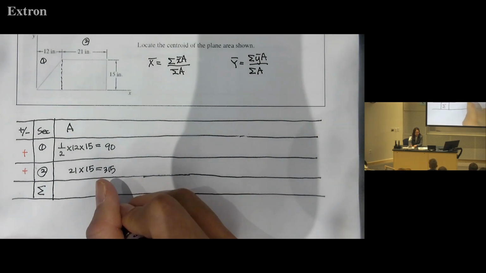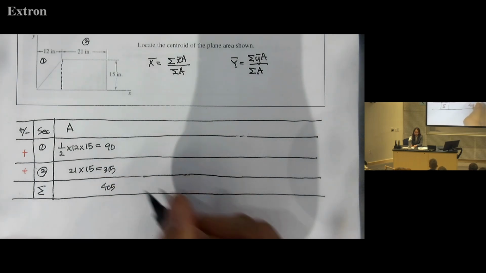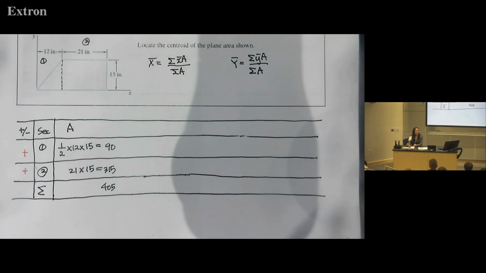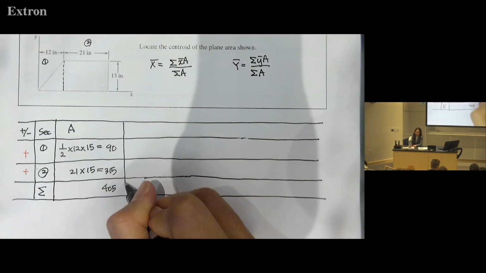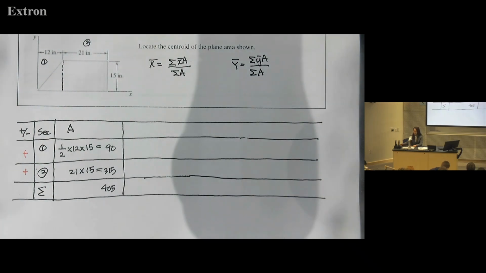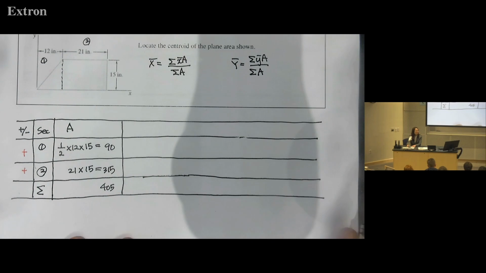So then it is 405. Sometimes there could be bolt holes and some other things to cut out, right? Then those cut out sections could have a minus sign, right? But for this, both of them are plus.